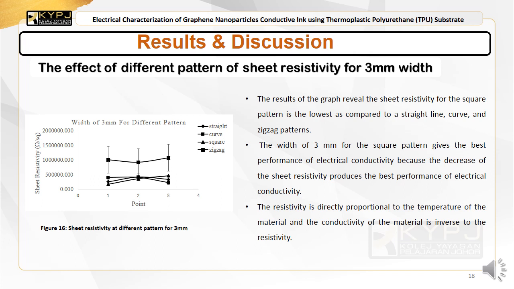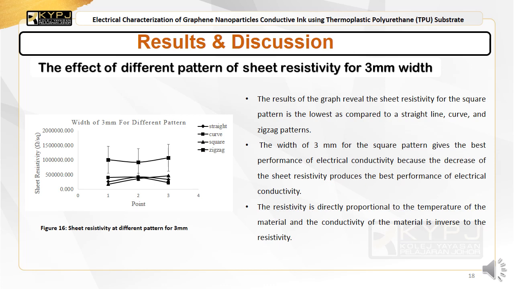The width of 3 mm for the square pattern gives the best performance of electrical conductivity because the decrease of the sheet resistivity produces the best performance of electrical conductivity. In other words, the resistivity is directly proportional to the temperature of the material, and the conductivity of material is inverse to the resistivity.